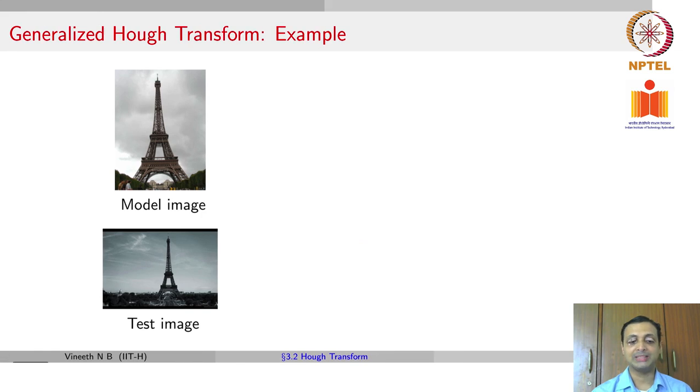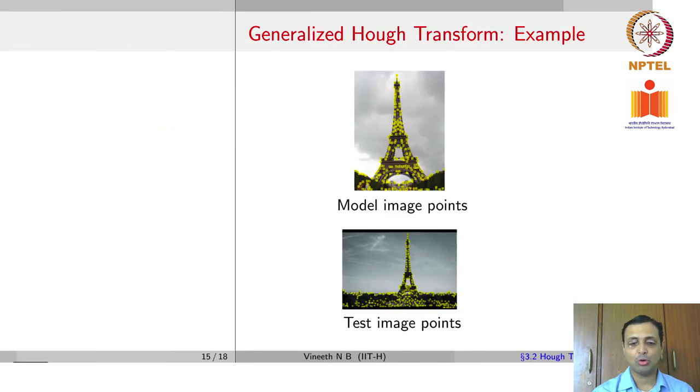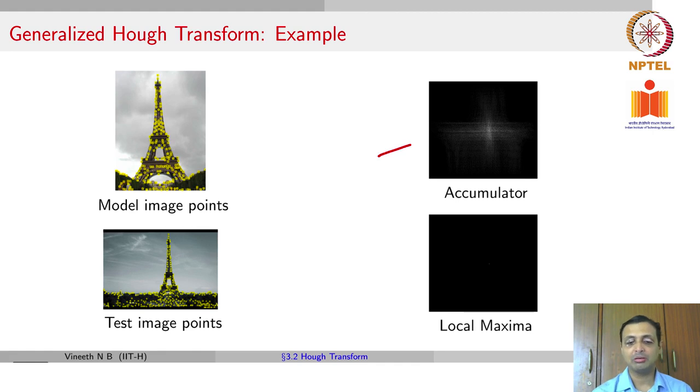Here is one more example. If you considered your model image to be the Eiffel Tower, here is a test image, which is also the Eiffel Tower taken at a different scale on a different day with different lighting conditions. You then have your accumulator.